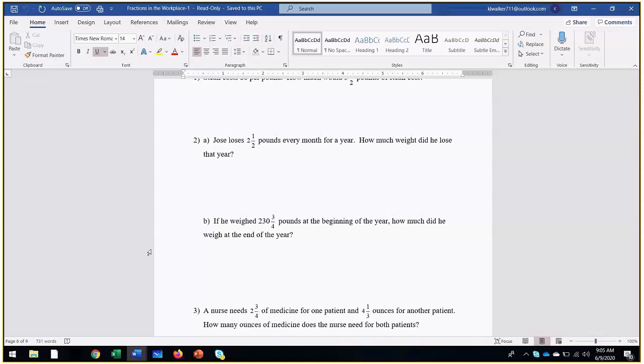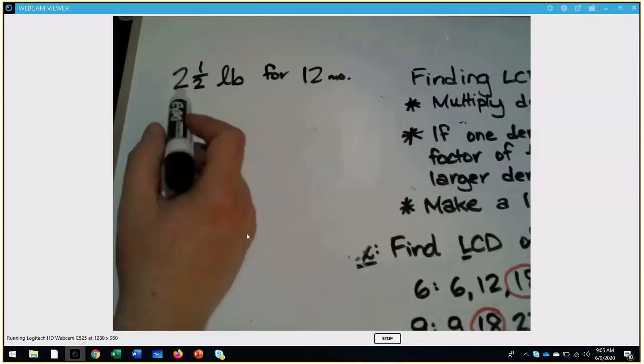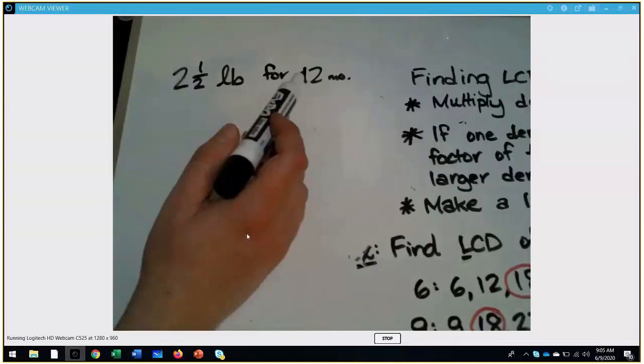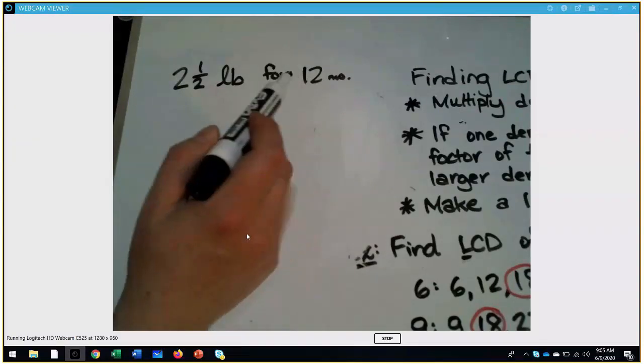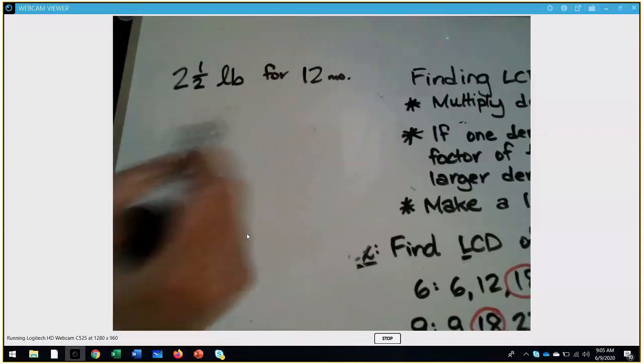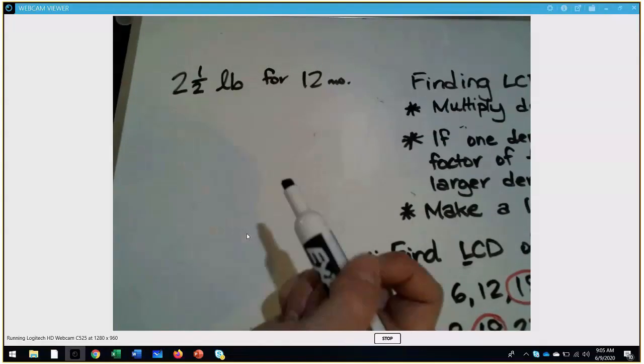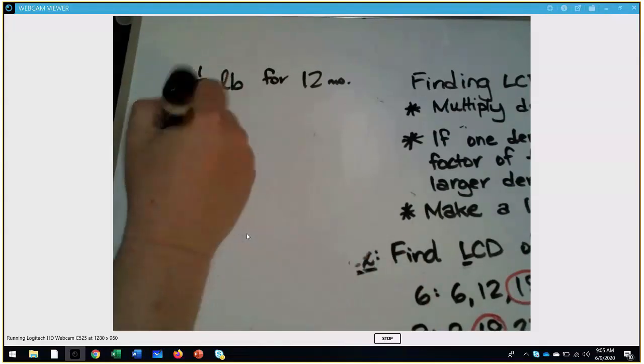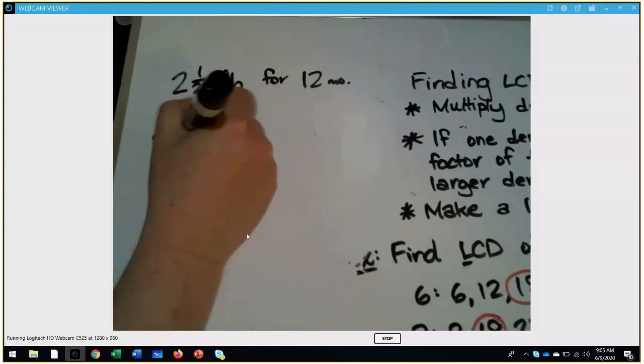So he's losing 2.5 pounds, if it's every month for a year, he's losing it for 12 months. So this is another case, just like the last one, where we have to multiply this together to see how much he lost all in total. So 2.5 times 12.